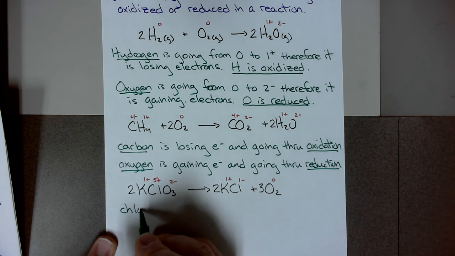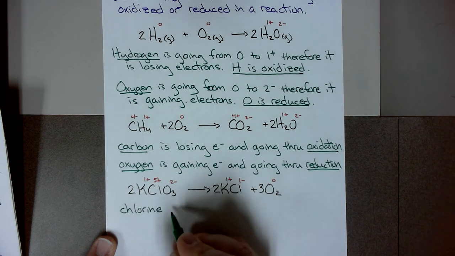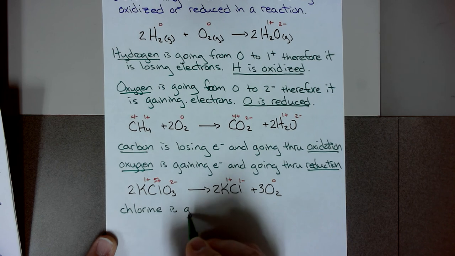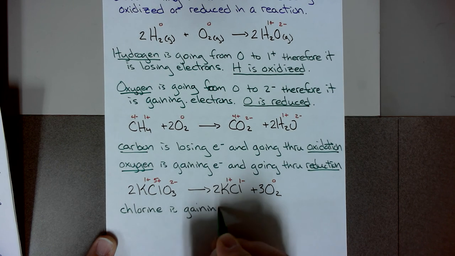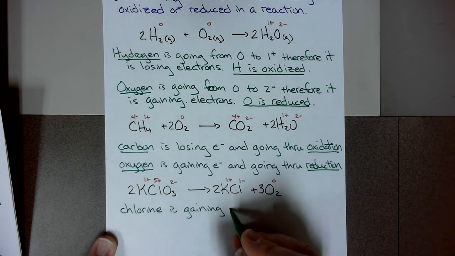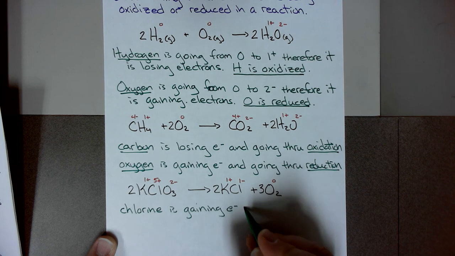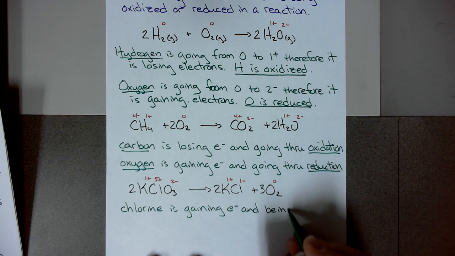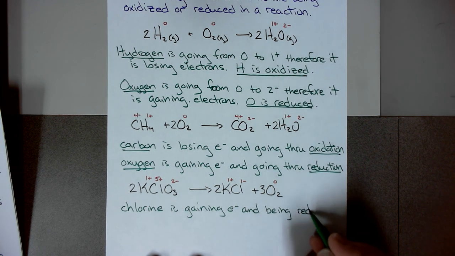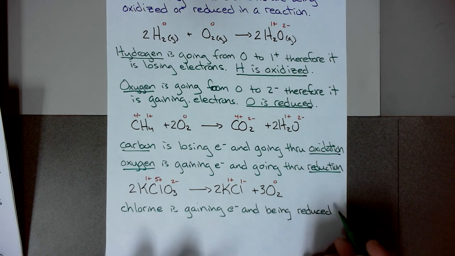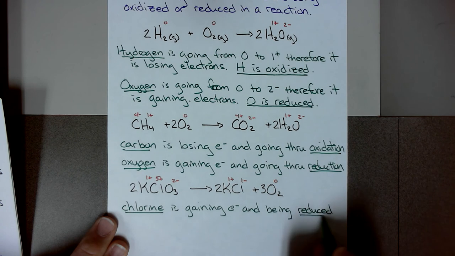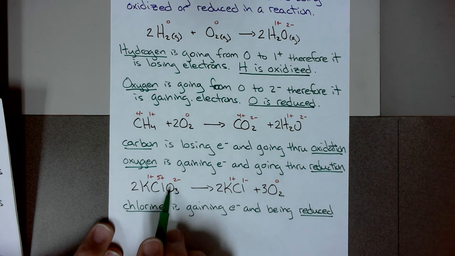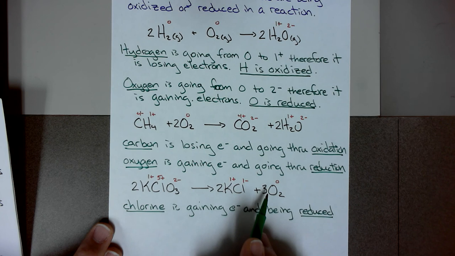So chlorine is gaining electrons and being reduced. So chlorine is going through reduction, and oxygen is going from a 2 minus to 0, so it's losing electrons.